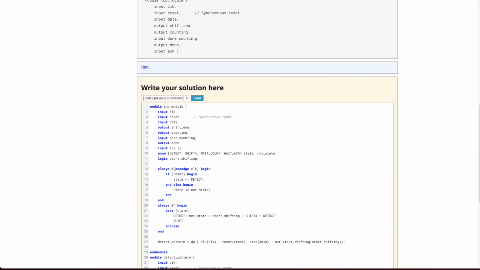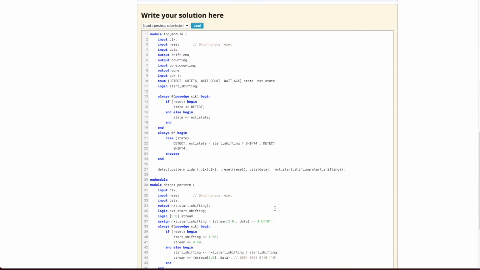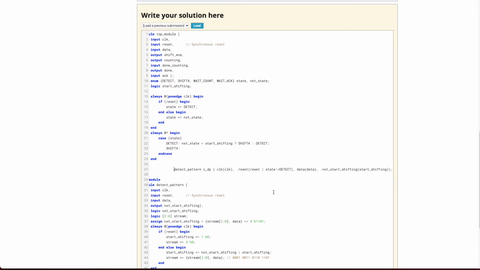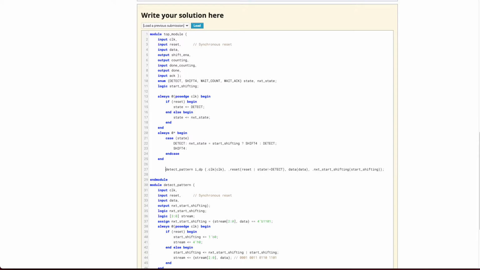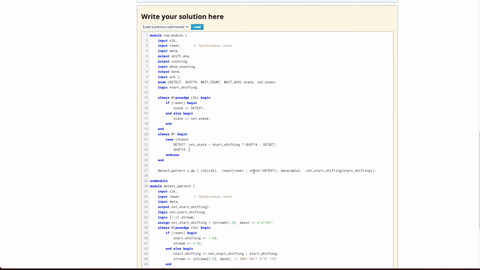When we're in shift 4, so we reset this when we get out of the detect state.